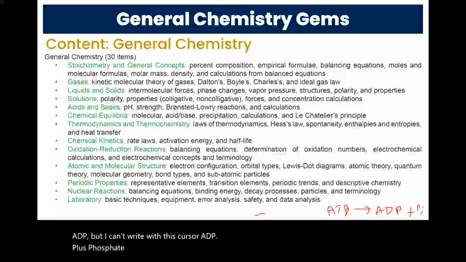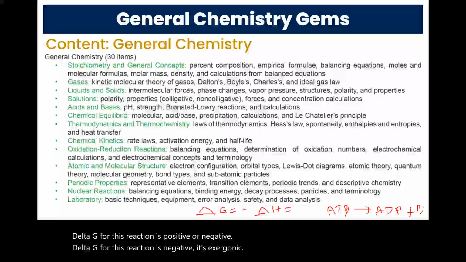Delta G for this reaction is positive or negative? Negative. Delta G for this reaction is negative. It's exergonic. But delta H for this reaction is positive or negative? Delta H for this reaction is positive because it's a breaking of a bond.